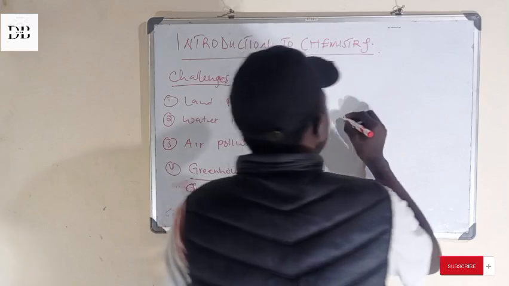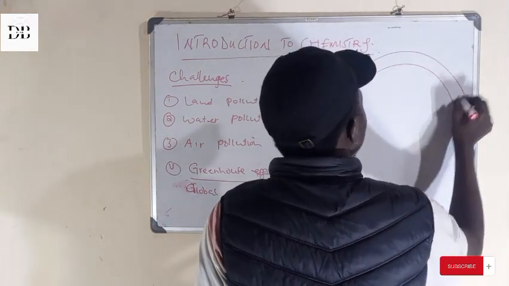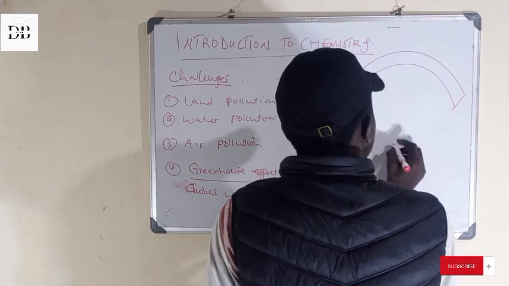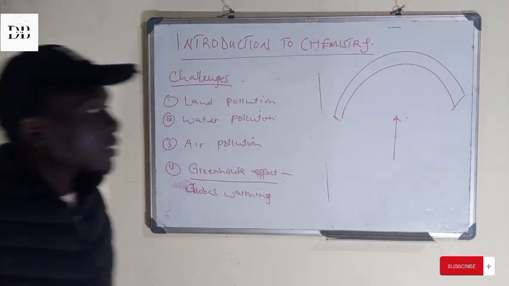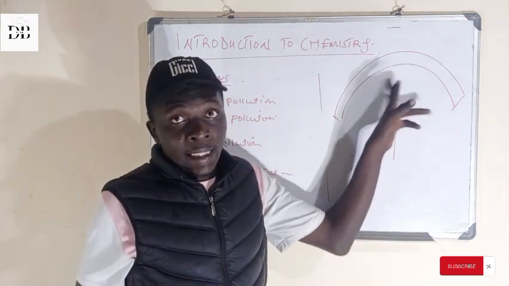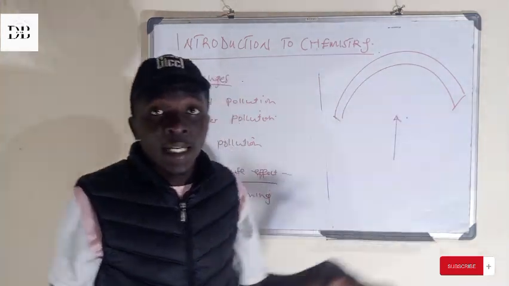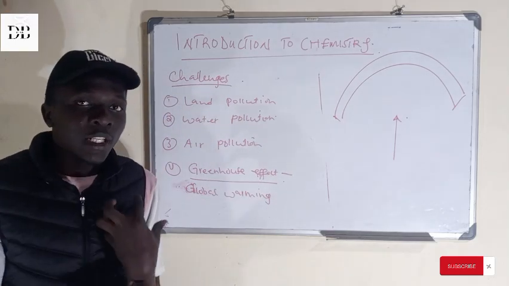So what will happen is that this is the atmosphere, and then you have your ozone layer. So these toxic gases, as they are being released, like carbon monoxide, carbon dioxide, etc., what they will do is that they'll begin to make holes inside this ozone layer, which will be causing direct sun rays to reach our what?